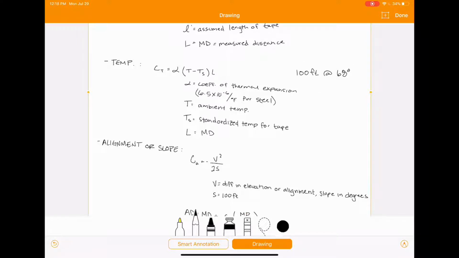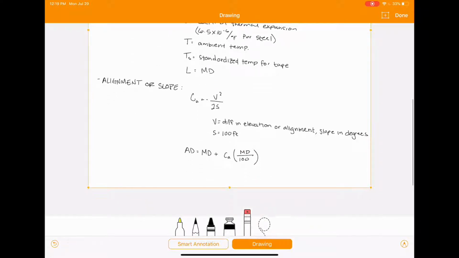So this 68 degrees is going to be your standardized temperature, and whatever the ambient temperature outside is going to be is T. TS is your standardized temp, which is given to you by the manufacturer, and T is the temperature measured outside.